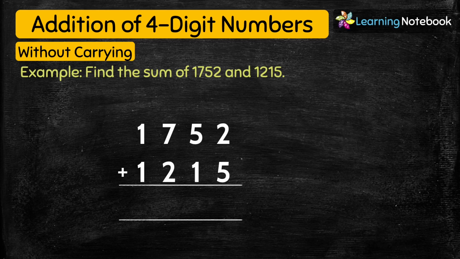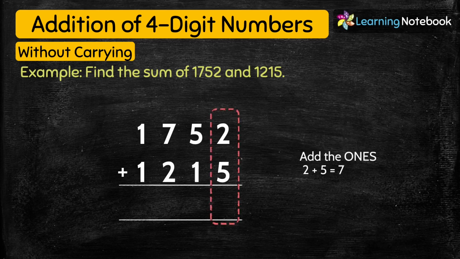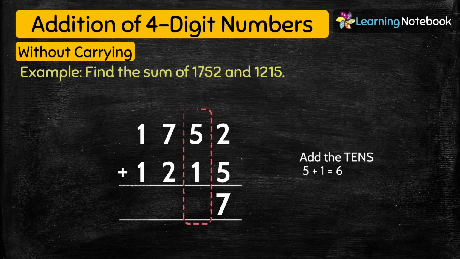Now we will start adding them from ones place. 2 plus 5 equals 7. Next, we will add the digits at tens place. 5 plus 1 equals 6.